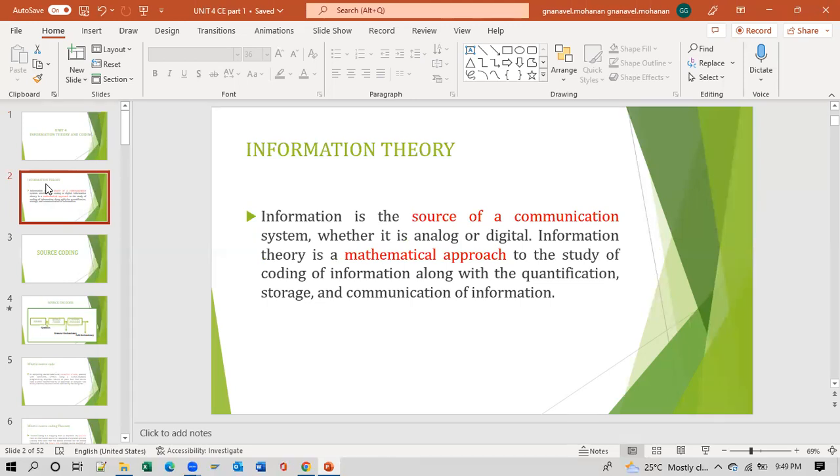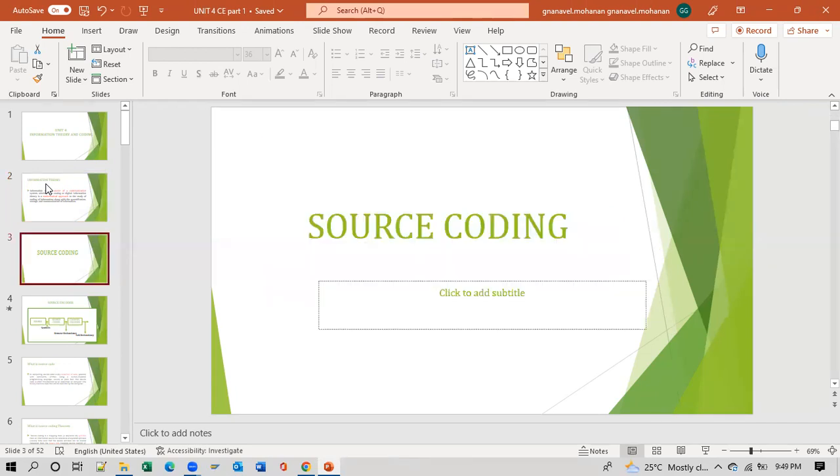So generally, information is the source of communication, and it may be in analog or digital form.